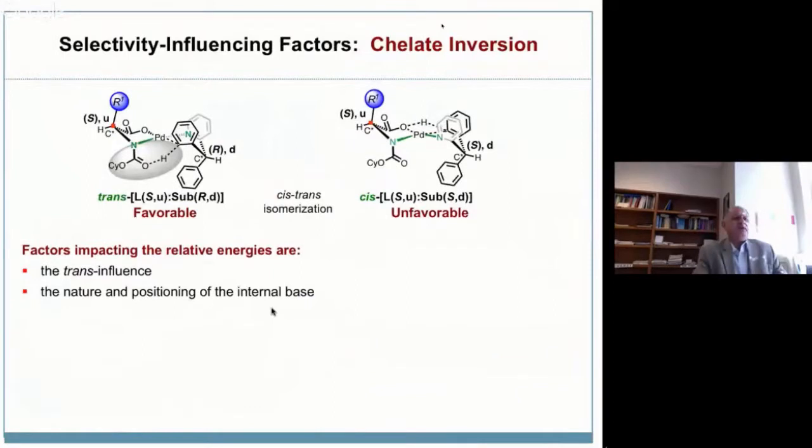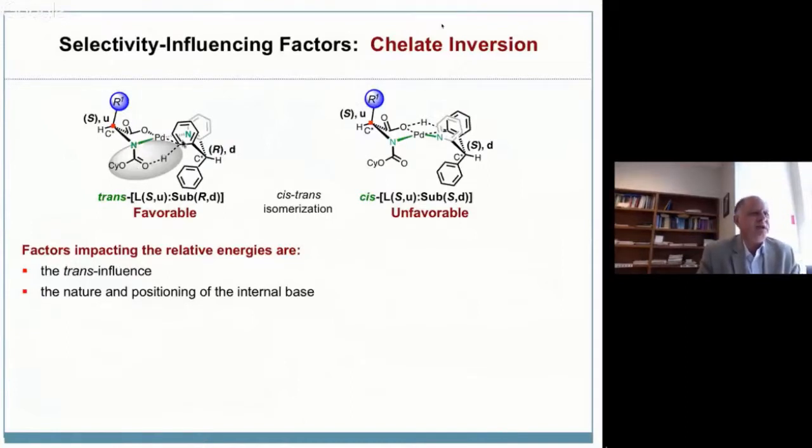After that, we spent some time analyzing the factors controlling chelate inversion. We found that chelate inversion is not just a trans-cis isomerization process, but it also determines the availability of the protecting group as the base to be involved in the C-H activation process.